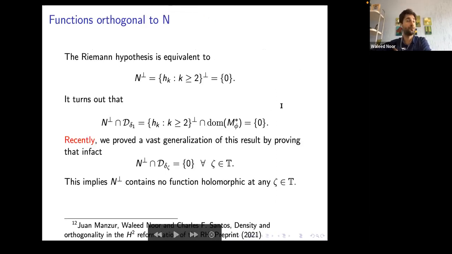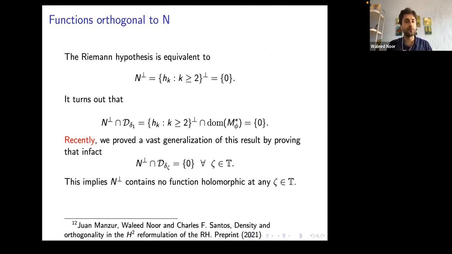Functions orthogonal to M. Remember, our goal was, as I mentioned, that the Riemann hypothesis is equivalent to the orthogonal complement of N being trivial. Because remember, if the span of h_k is dense, then the orthogonal complement must be trivial. So the idea in this approach is that we want to show that N perp is as small as possible. Of course, we would like to show it's trivial, but that's the Riemann hypothesis.